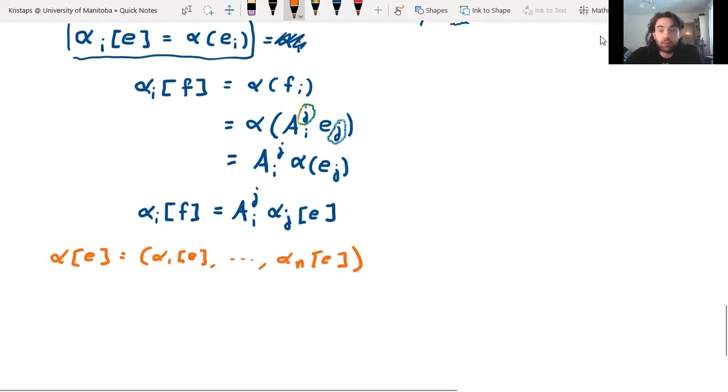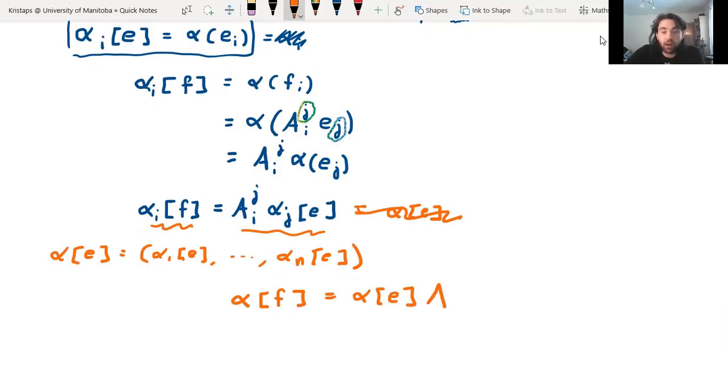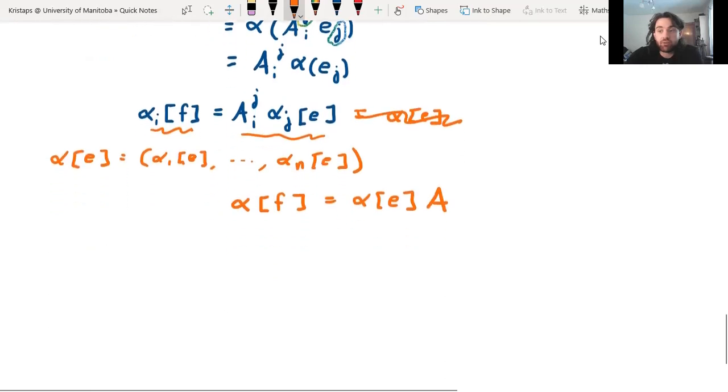And then for the above expression, we know that this equation holds. So in other words, combining the equation on each one of these entries together, it tells us that alpha represented in the basis F is equal to the vector of alpha represented in the basis E multiplied by the matrix A on the right here.